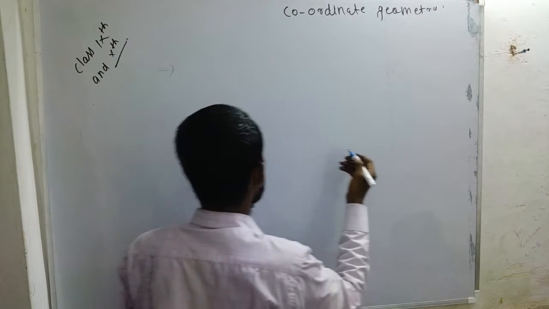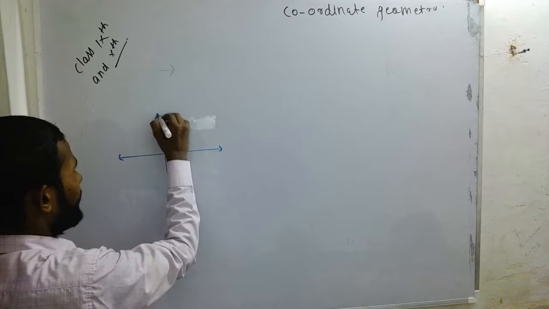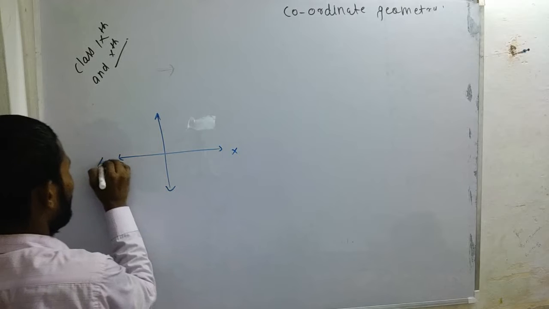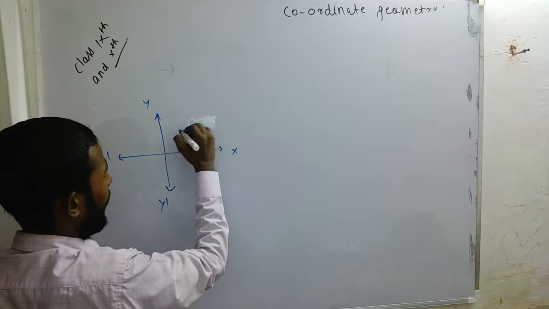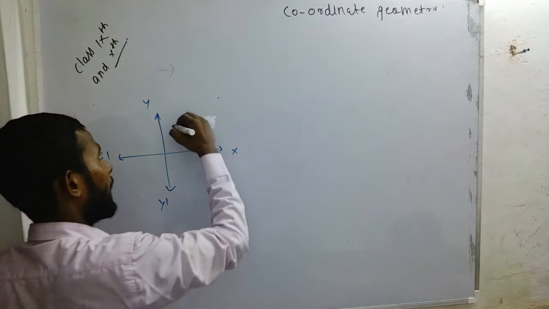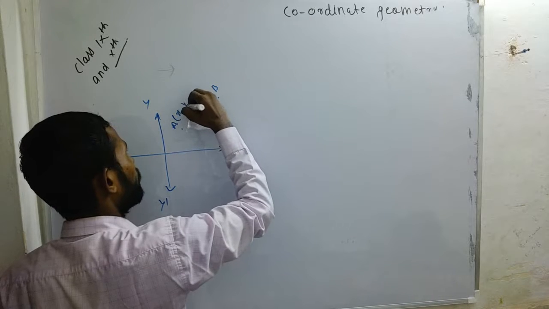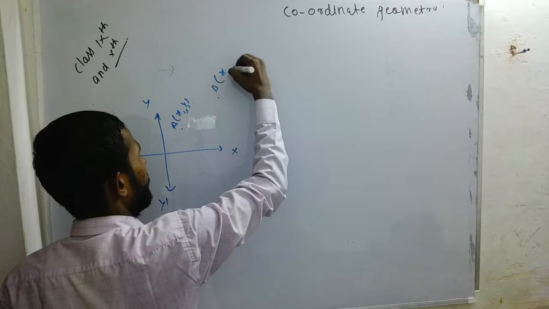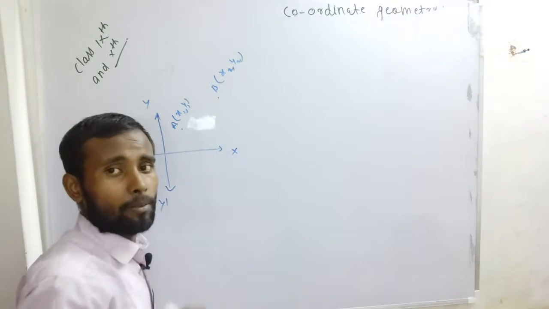Let us take a reference frame like this: X dash, Y dash, and we have 2 points in this plane, and we have to determine the coordinates of A, x1, y1, and the coordinates of B, x2, y2, are given.